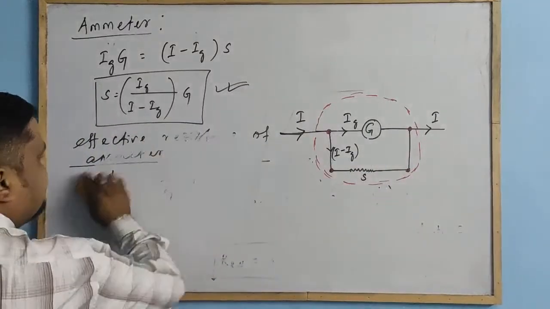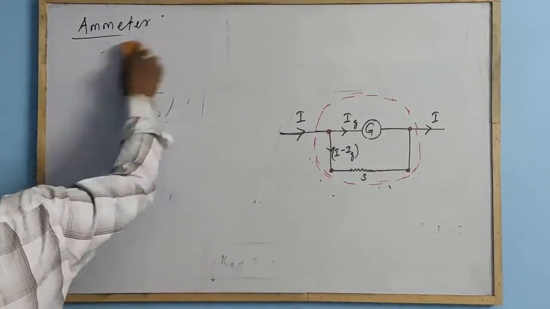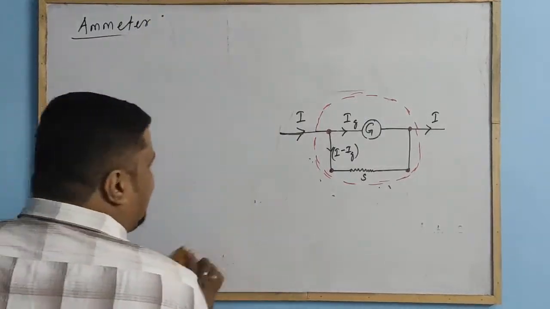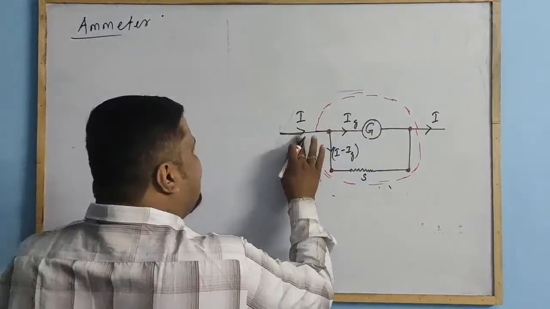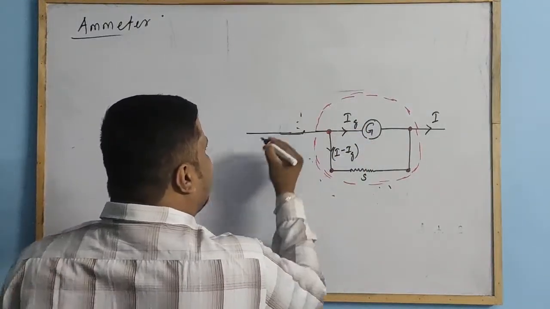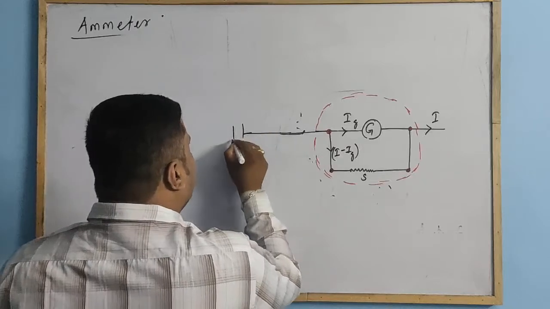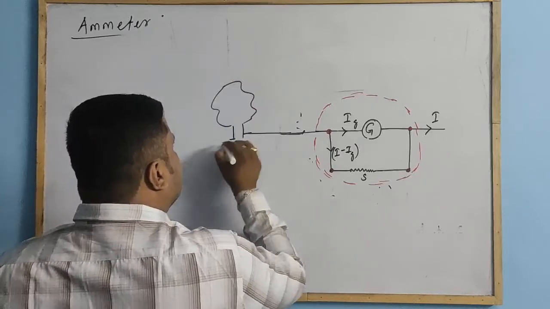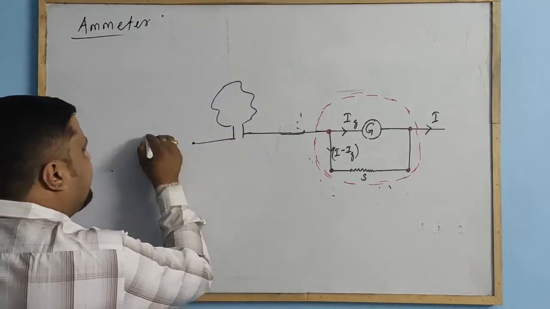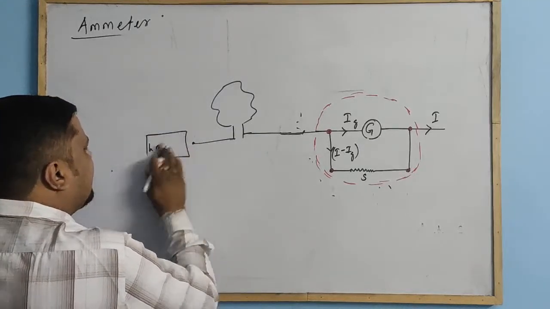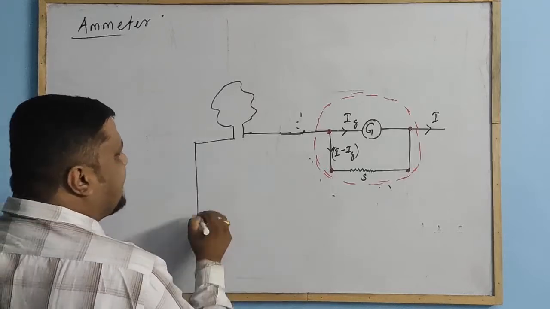Remember this formula. Then another important thing is the ammeter. So now this is an ammeter, I have drawn it. Clear? Let me say there is another device. Suppose there is an electric bulb, and suppose there is a heater, and they are connected like this.